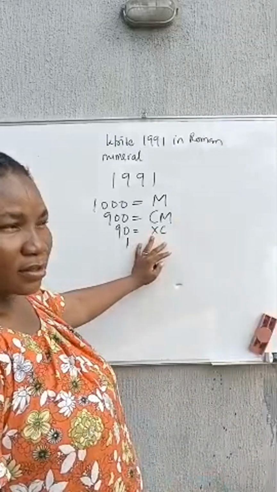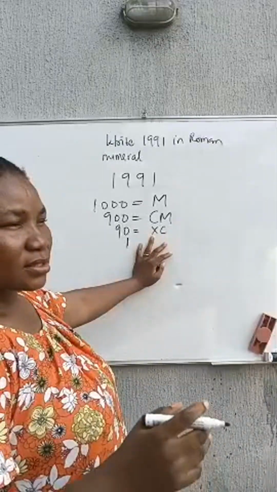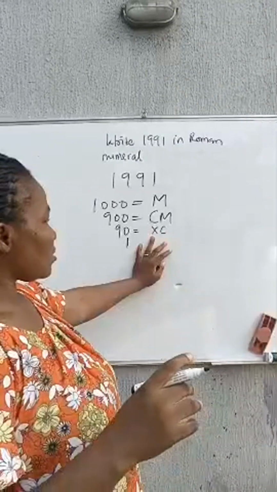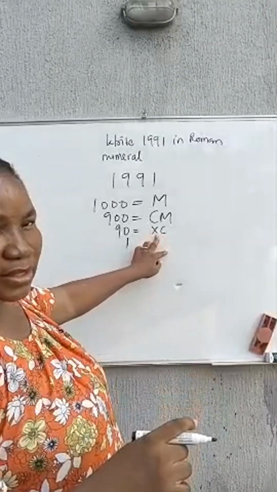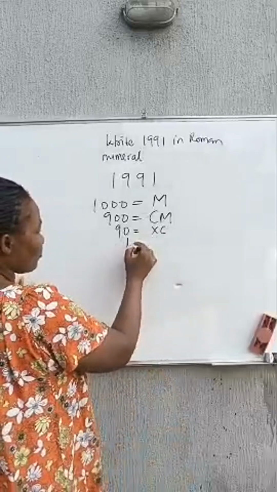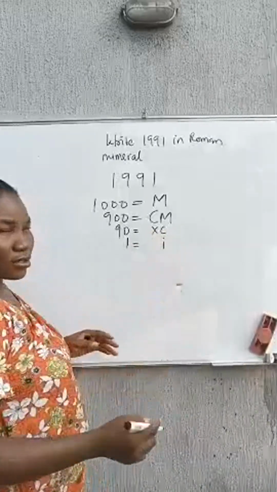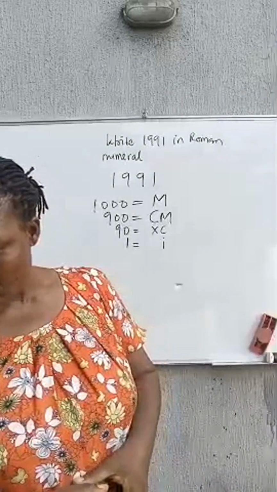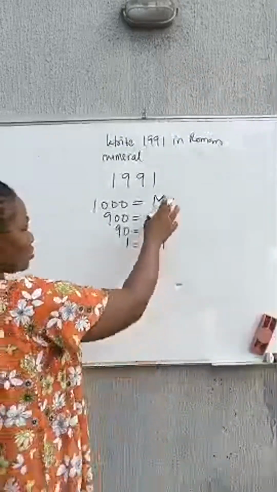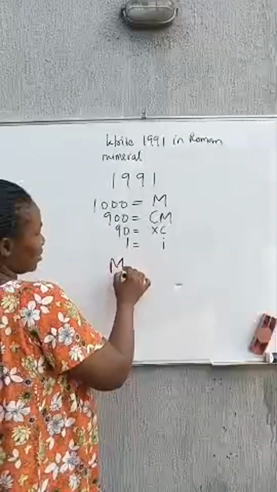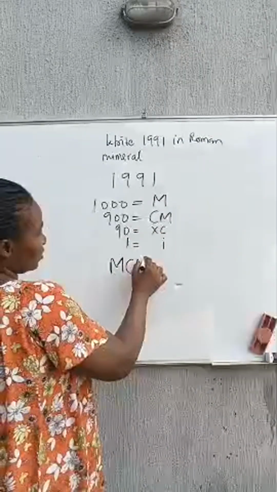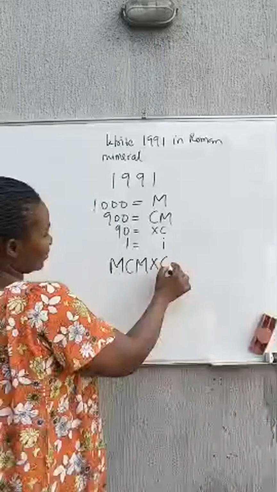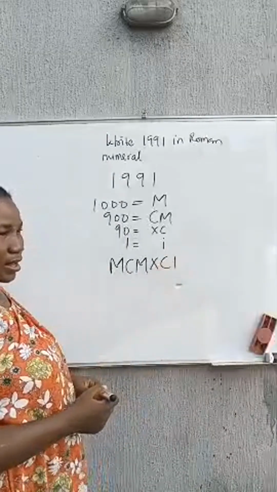The letter for 90 is XC, that is 100 less 10. And the letter for 1 is I. So let's put them all together, and this will give us M, C, M, X, C, and I.